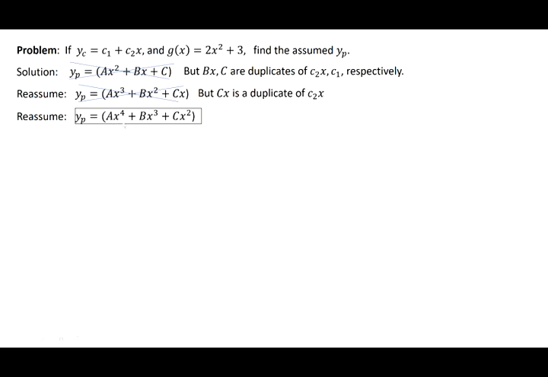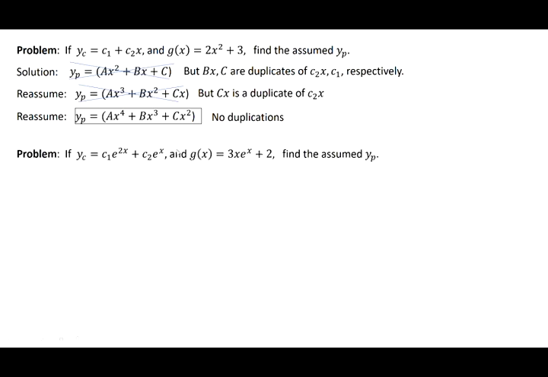Ax to the 4, nope. Bx cubed, nope. Cx squared, nope. Cool, that's it. We can stop right here. So this is going to be our y sub p now. Cool. You get the hang of this? All right, I'll do quite a few more problems.